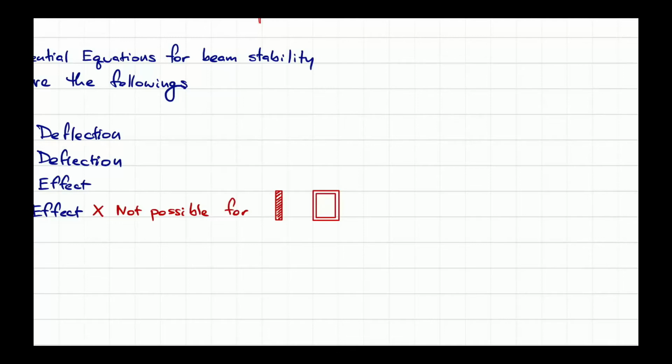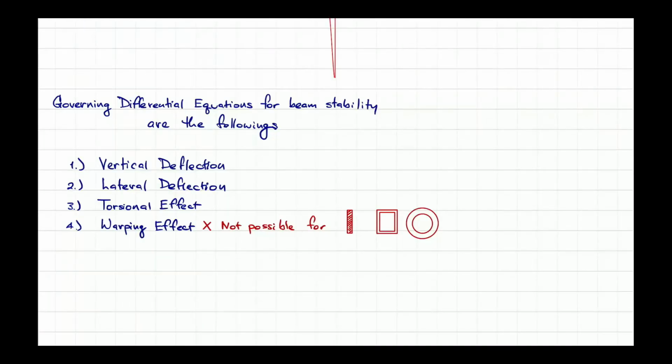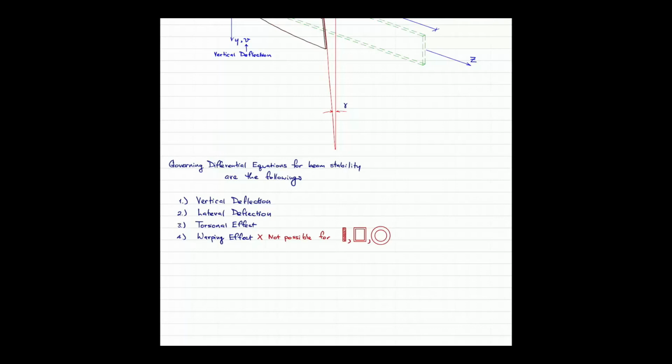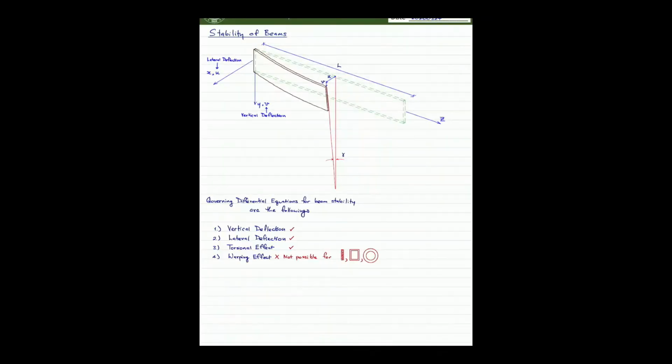So no matter what you have, the square tube or the circular tube, these are going to behave in the way that we are going to explore very soon. Okay, so warping effect is not possible here, but 1, 2, and 3 will be incorporated in this derivation.